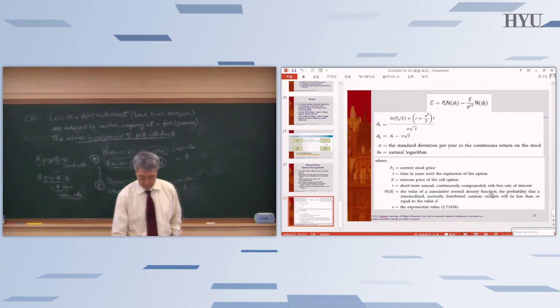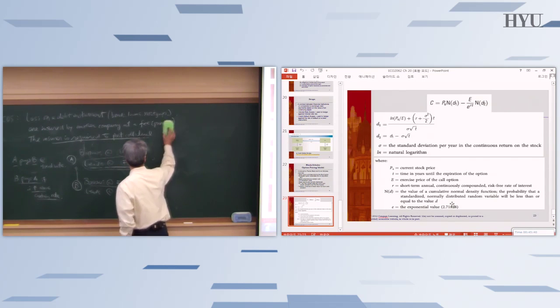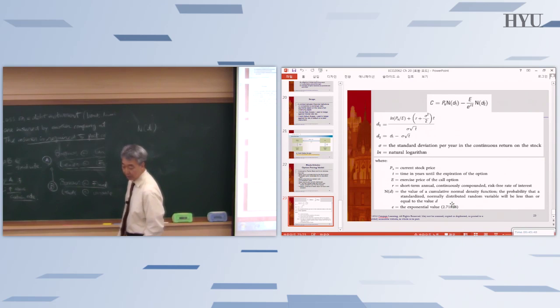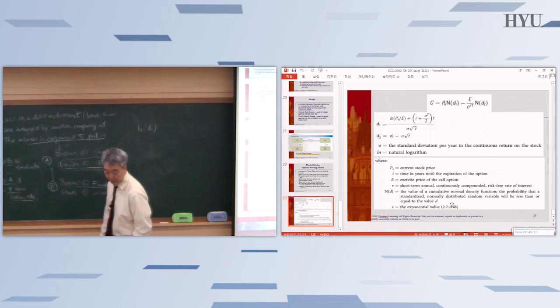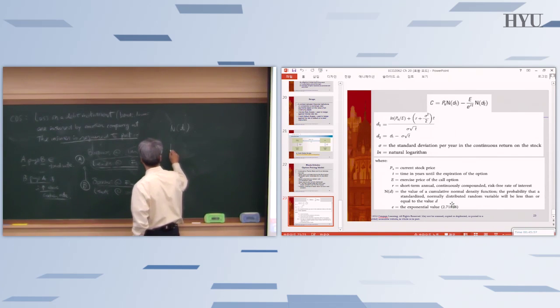It is the probability that a standardized normally distributed random variable will be less than or equal to the value of D. So what they write as N(D1) is actually the probability that Z will be less than D1.